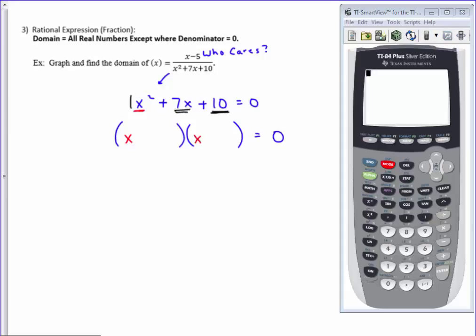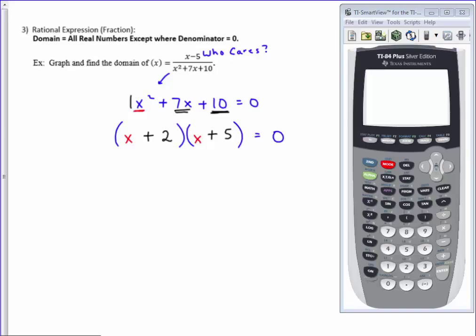Well, factors of 10 could be 10 and 1 or 2 and 5. If we choose 2 and 5, then 2 times 5 is 10 and 2 plus 5 is 7. If the signs were both positive, we would get a positive 10 when we multiply and a positive 7 when we add. So this is the correct factorization for the x squared plus 7x plus 10.